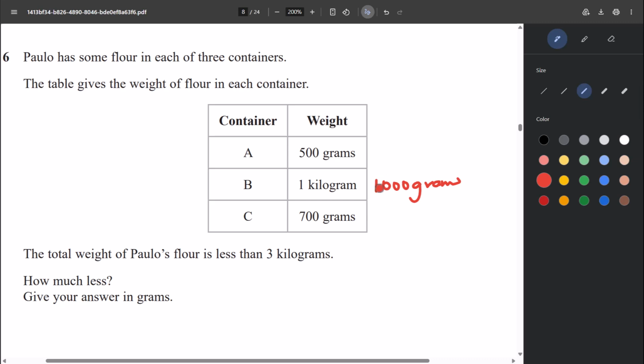So I'm going to add up all the weights from A to C. Now we've got 500 grams plus 1,000 grams plus 700 grams, and this is the total. Definitely this will give you 2200. This is the total grams in A, B, C.